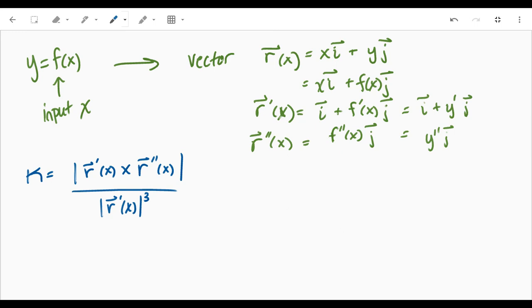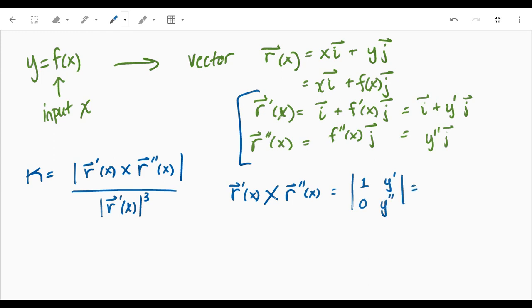So we can get the cross product of these. r prime of x crossed with r double prime of x will be the determinant of, well, it's only 2 by 2, so we only need 1, y prime and 0, y double prime. So that's y double prime.